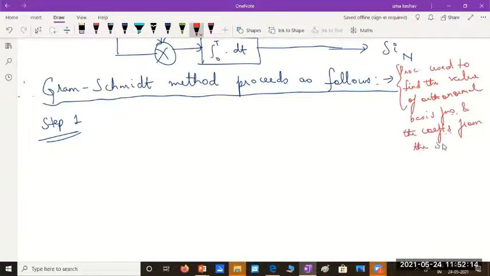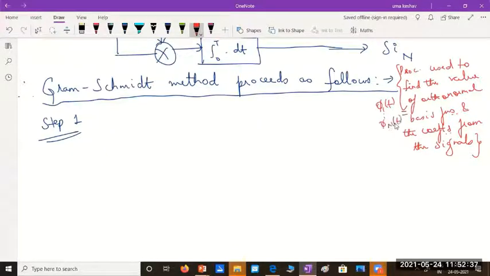from the signals. So usually practically what happens, we have the signals at the receiver. Once you receive the signals, your job is to first extract the orthonormal basis functions, that is phi 1 to phi n.